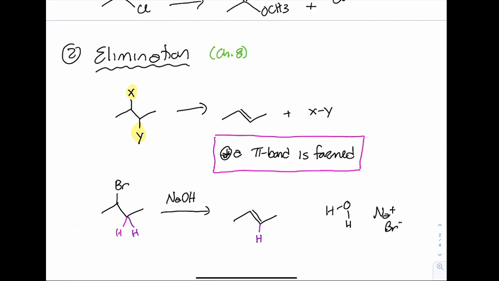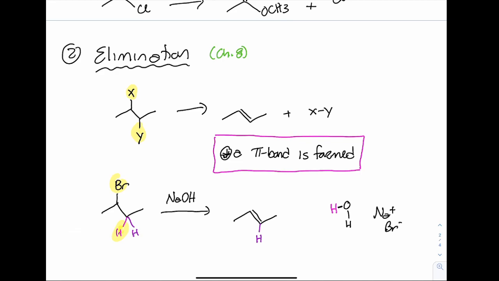So we actually lost a hydrogen, along with that bromine. So if we wanted to color code, I could make one of those hydrogens pink because I'm showing the pink one being lost. And actually, let's keep that bond black because those electrons are coming from the oxygen, not from the hydrogen.